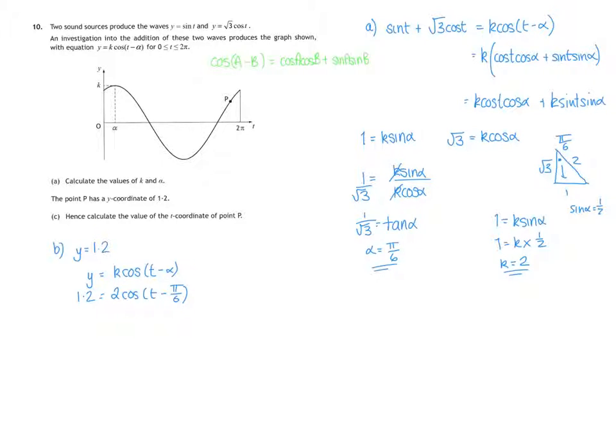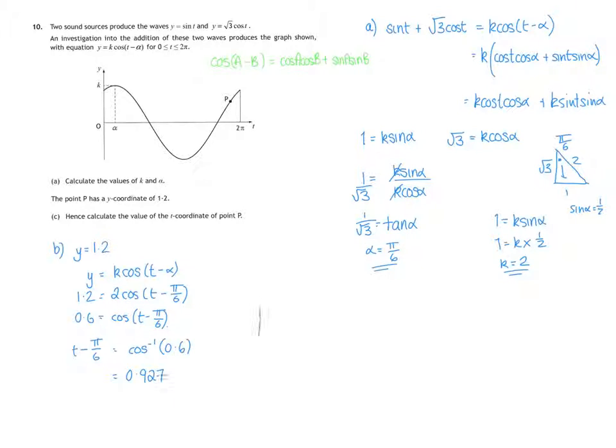So we divide by 2. When we divide 1.2 by 2, we get 0.6 is equal to cos of t minus pi over 6. So t minus pi over 6 is equal to cos to the minus 1 of 0.6, and that is going to be 0.927.